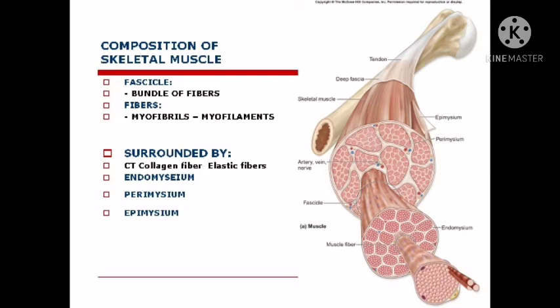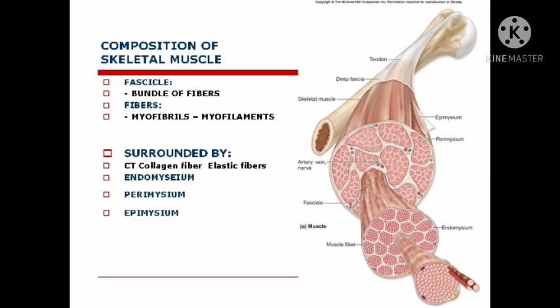The perimysium is the layer in which the fascicle is enclosed. You can see the blue and red dots; these are the blood vessels. They pass along with a small minute speck, which is the nerve.